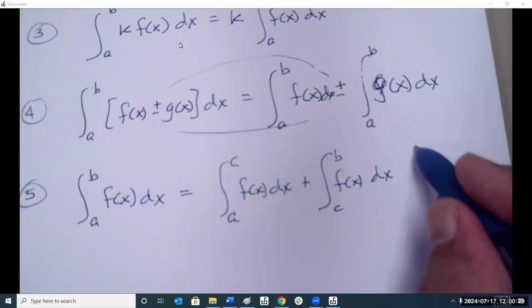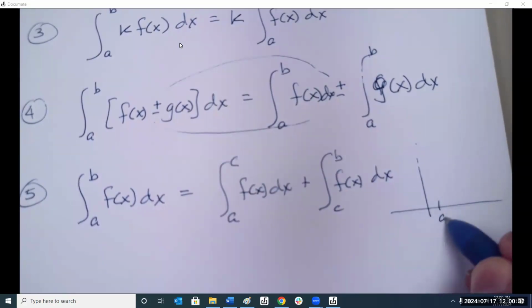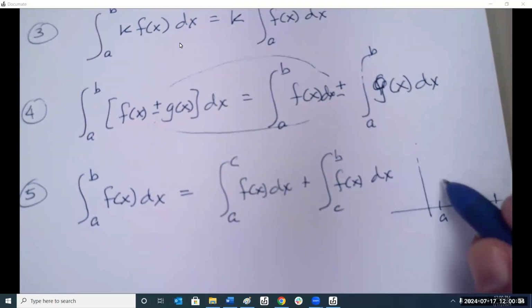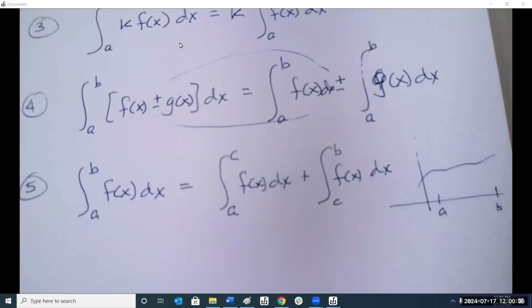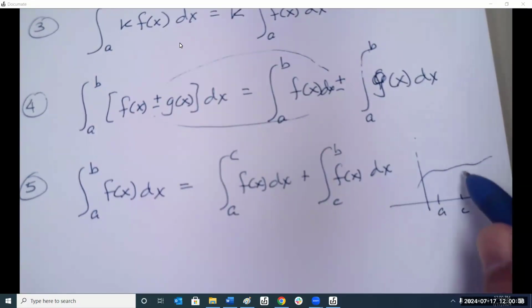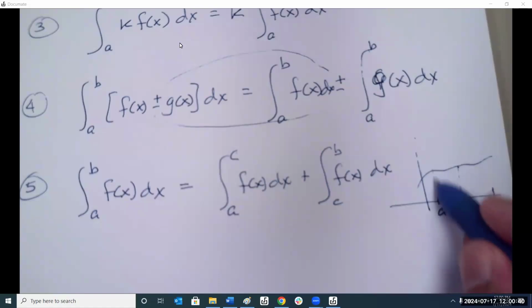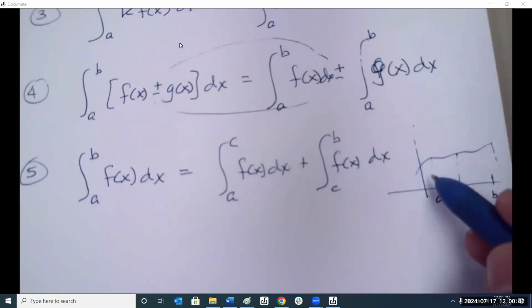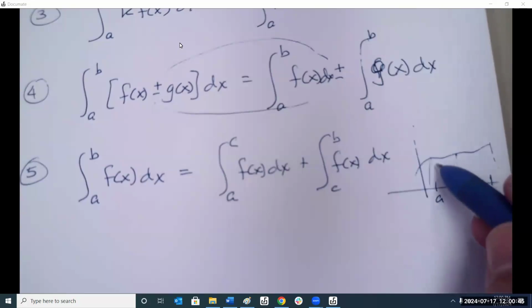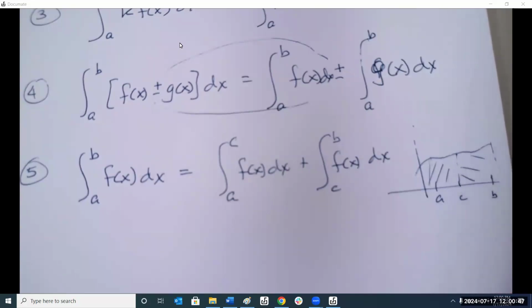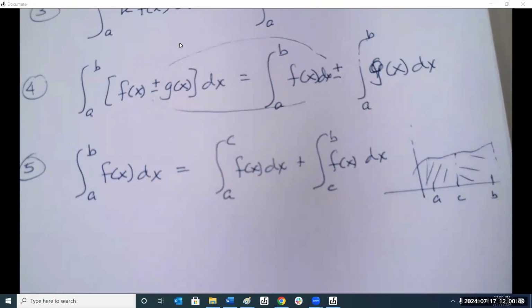Here's a, here's b, here's our curve, and here's a value c. Instead of taking it from a to b, I can separate it into these two smaller regions and do each one of them separately.